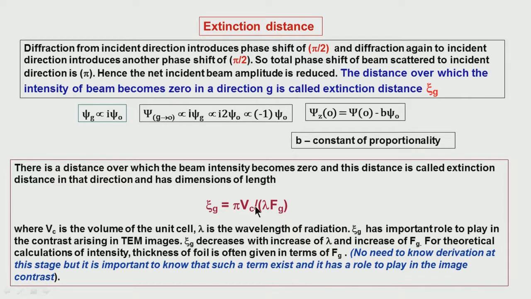If the structure factor is high, then over a short distance the intensity of the transmitted beam will get reduced. That means the psi G becomes smaller. So psi G and structure factor are inversely related.